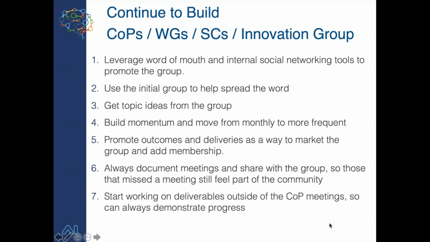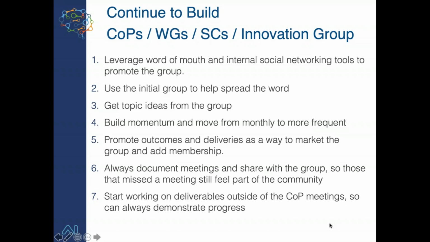And that's a really strong way to recruit more people, because if people see things are getting done, things are happening, decisions are being made, people want to be part of that. That's a really key part of this.